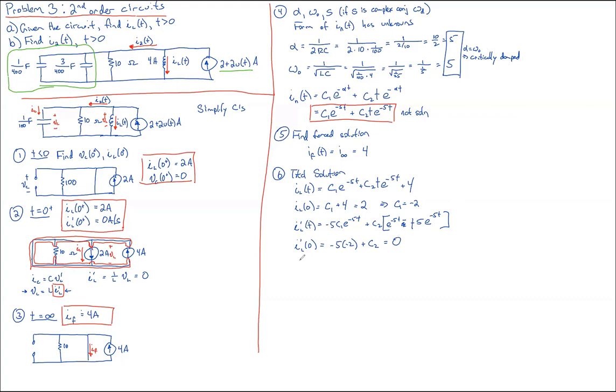So therefore, we have 10 plus C2 equals 0, and C2 equals -10. And now we can solve the problem. I sub L for time greater than 0 is equal to, where C1 is -2, -2 e to the minus 5t minus 10t e to the minus 5t plus 4. And all that's in units of amps, and all that's for time greater than 0.